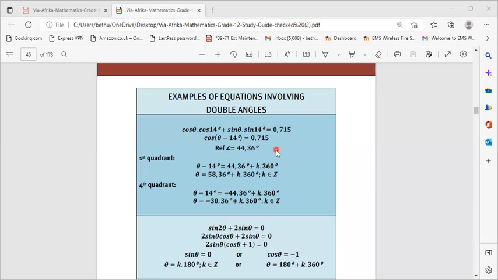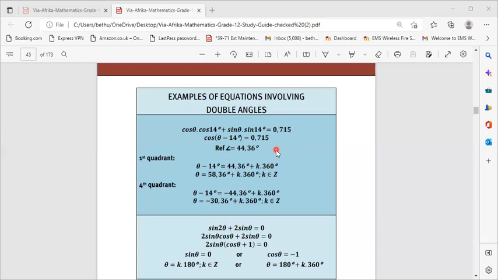So what do we need to do next? Remember our general solution? Yes. So we need to find the reference angle and look at also the sign of the ratio we have of 0.715. We can see that it is positive.